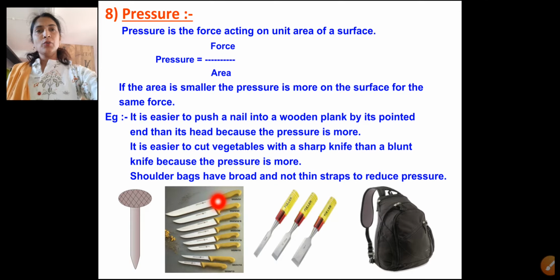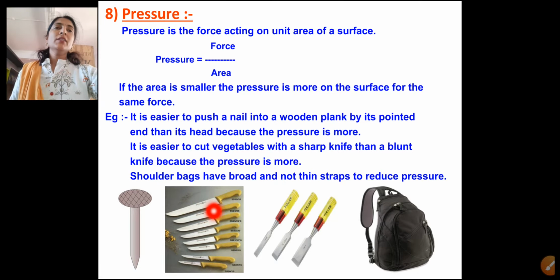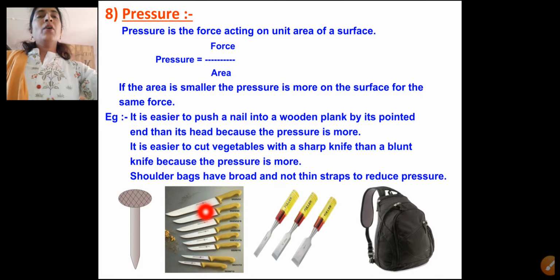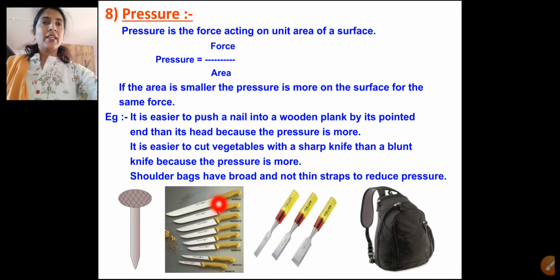A knife has two ends, one sharp and one blunt. We use the sharp end to cut vegetables and fruits, because if we compare the area of the sharp end and the blunt end, you will come to know the area of the sharp end is quite less, and if the area is less, the pressure is more. So with the sharp end, it becomes very easy to cut vegetables as well as fruits.